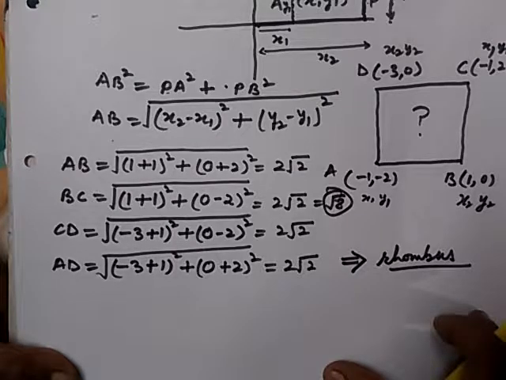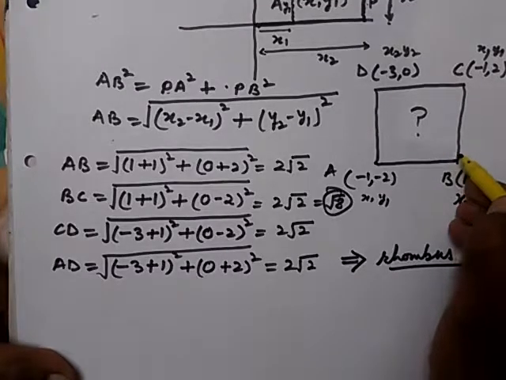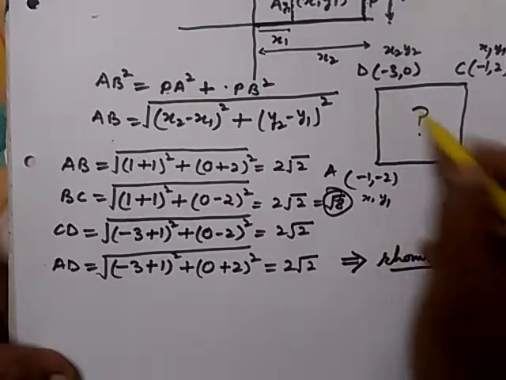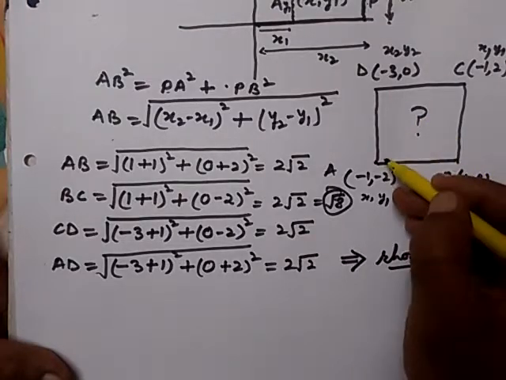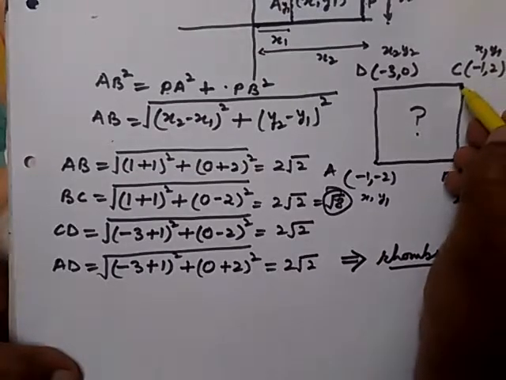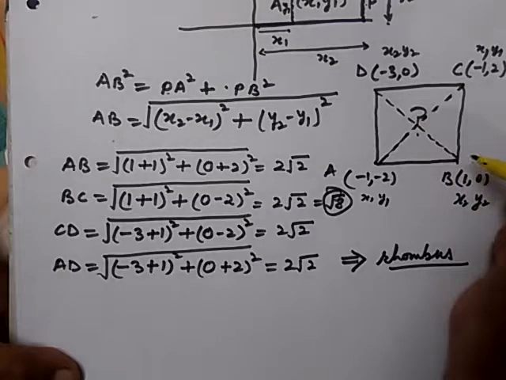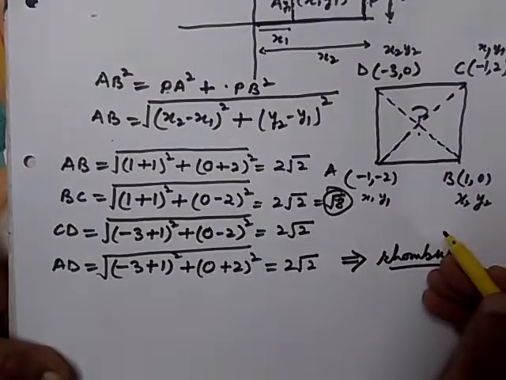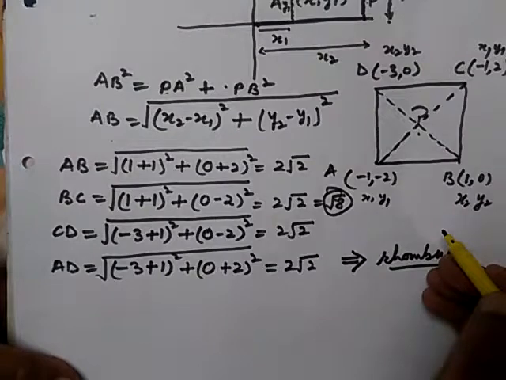One, you prove that one angle at one corner is 90 degrees. Then all the angles will be 90 degrees, because opposite angles are equal in a rhombus. Or another method is to check whether the diagonals are equal or not. If diagonals are equal, then you can say this is a square, and if diagonals are not equal, then you can say that this is a rhombus.